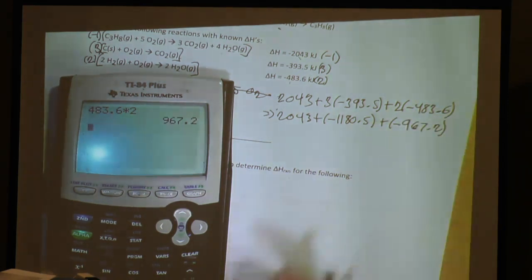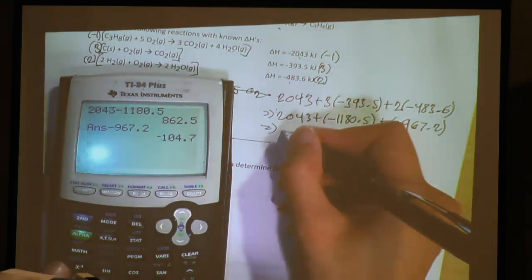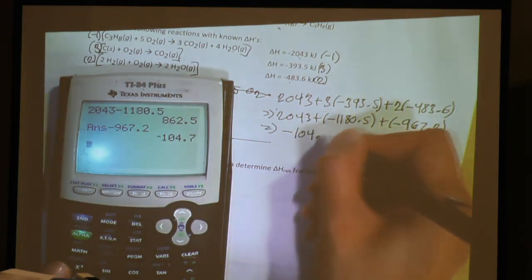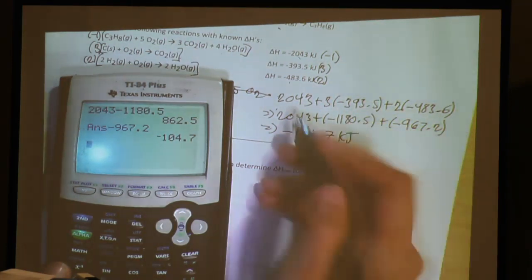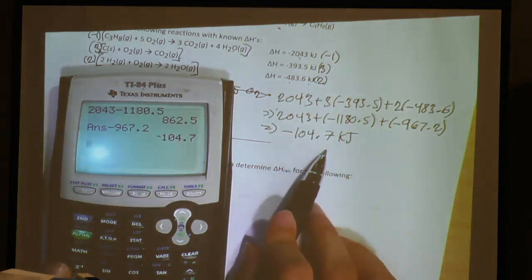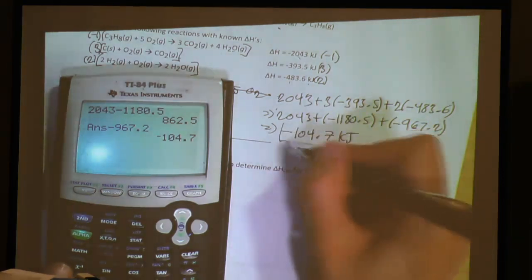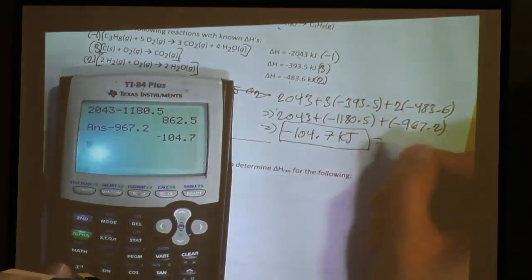So we can add all this together now to get a final answer of 2043 minus 1180.5 minus 967.2. Negative 104.7 kilojoules, right? Our units were kilojoules. So we get this answer is equal to our delta H.